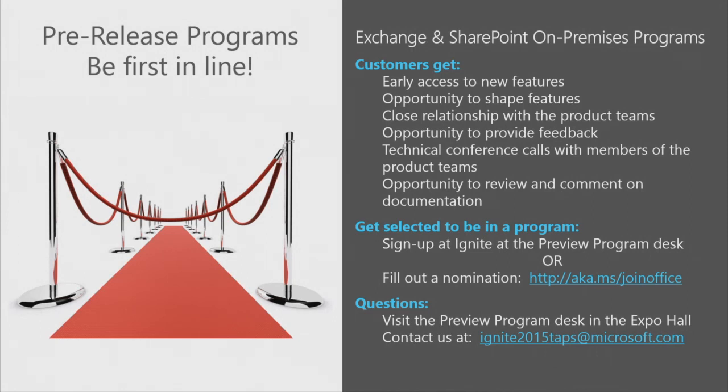I was a member of the TAP for Exchange 2007 back in a previous professional life, and it was hugely impactful to me because I got to see where the technology was going before it was ever released. We got to have interaction with the product group to say, hey, you're missing out on this. This is a really great thing that you could do for us, really help us out.